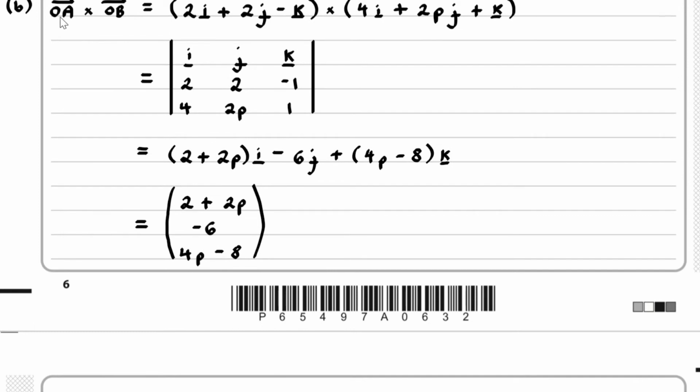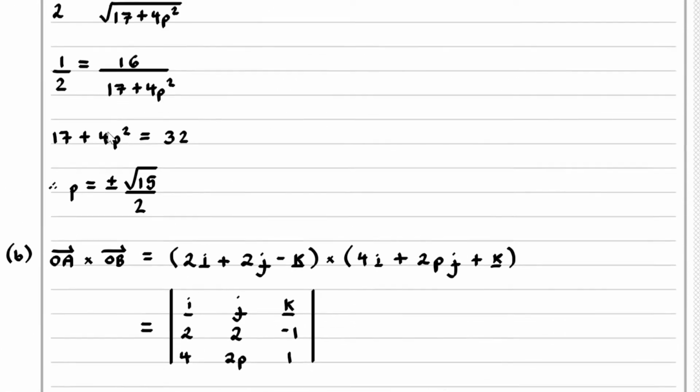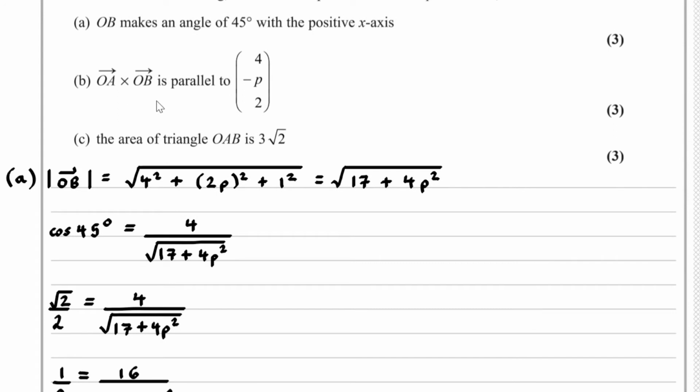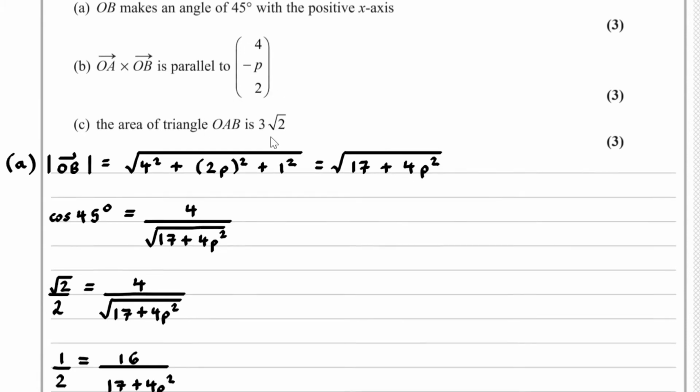Here is the vector OA crossed with OB, and what we need to do is find the value of p such that OA crossed with OB is parallel to 4, minus p, 2.